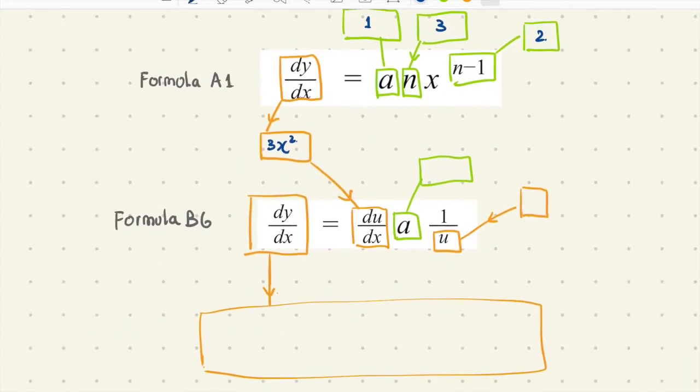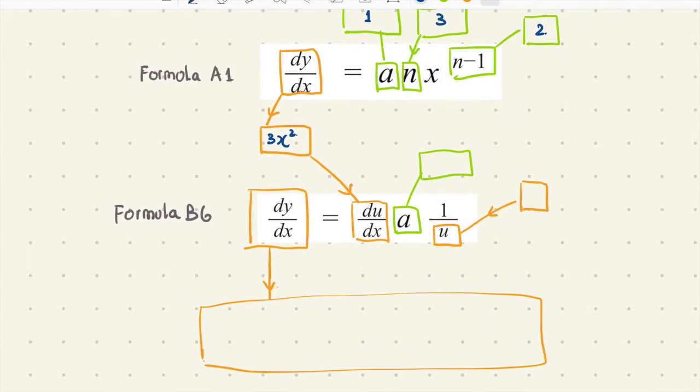This 3x squared, we substitute that expression into du dx in formula B6. So du dx is 3x squared, a also equals 1, and u is x cubed, which means after you substitute that, dy dx will be equal to 3x squared times 1 times 1 over x cubed.